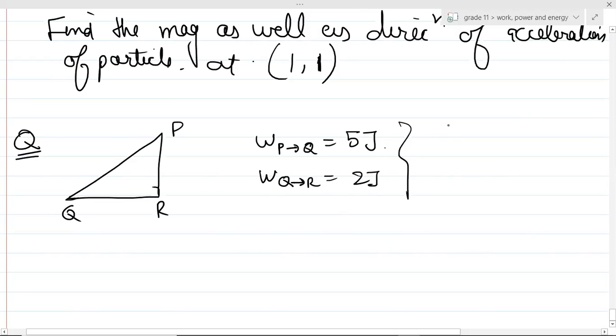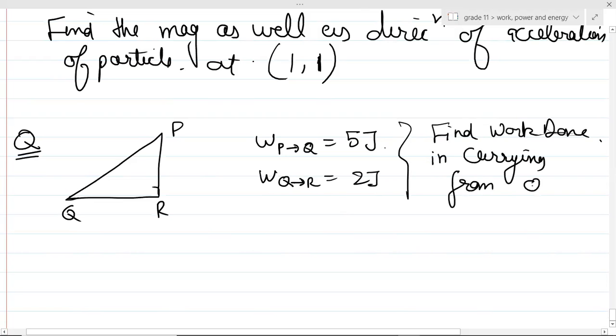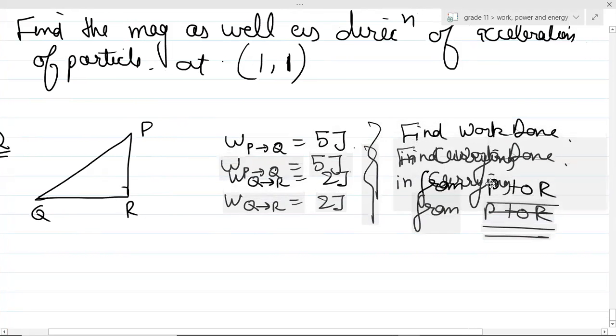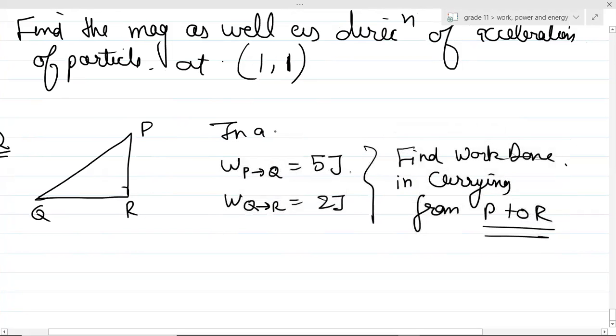Now find the work done carrying it from Q to P. All this is happening in a conservative field. Please take the hint.